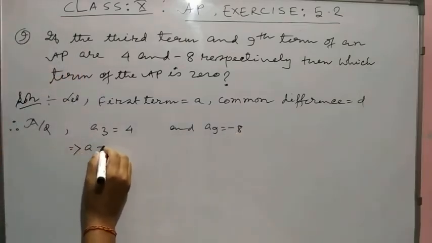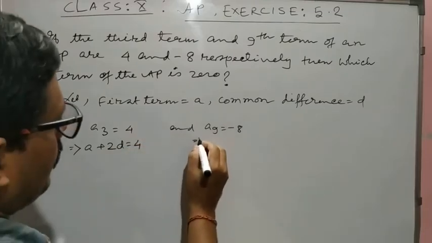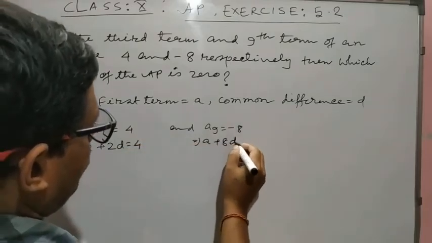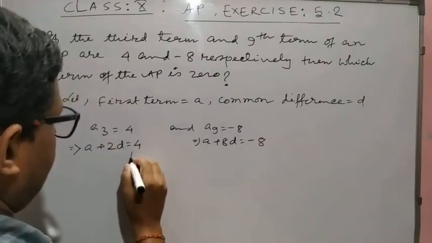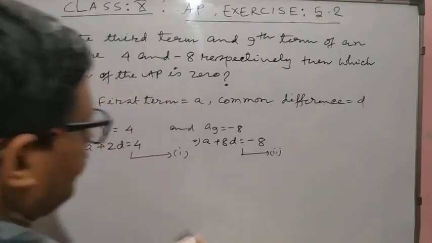This implies that A plus 2D equals 4 and A plus 8D equals minus 8. This is one number, this is two number.